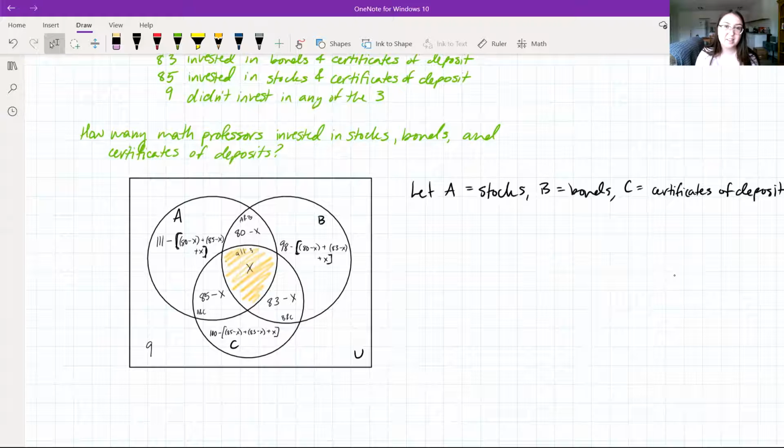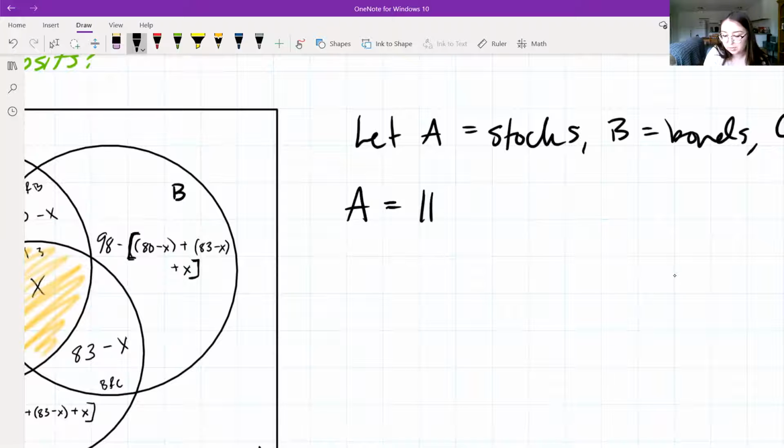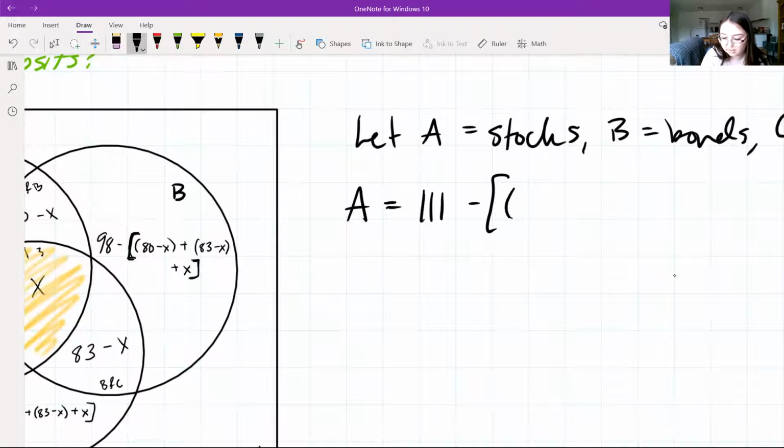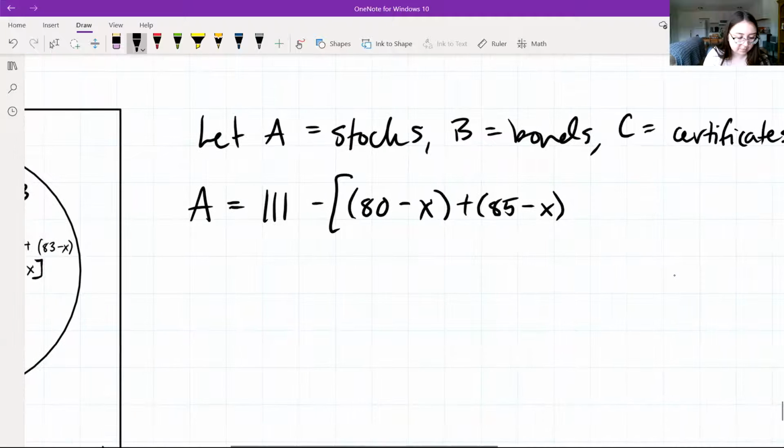So let's start by finding these values. So we can simplify A, B, and C a little bit farther just by simplifying what's in our brackets. So let's start with A. So we know that A is equal to 111 minus 80 minus x plus 85 minus x plus x.